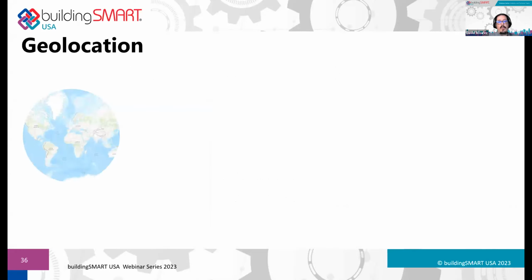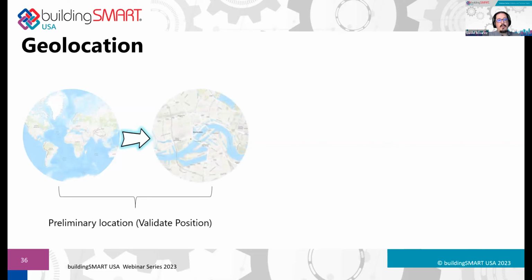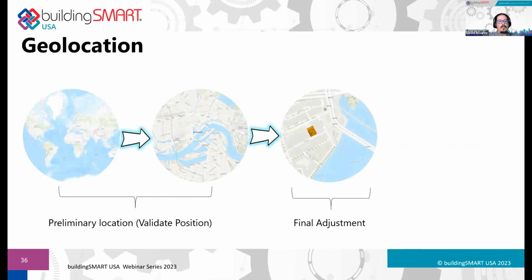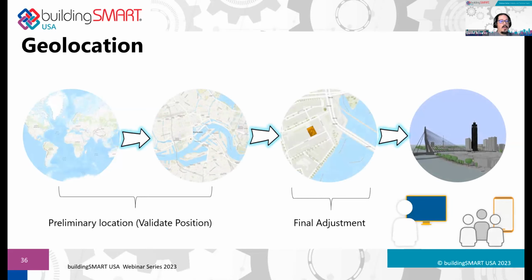So now that you have your final adjustment, let's summarize a little bit. You're going from an unknown location to an approximate location, and you're using your validate position. From there on, you have your final adjustment, which is basically the tools that you're going to use to place it in the exact location.